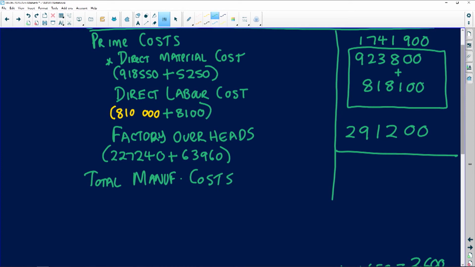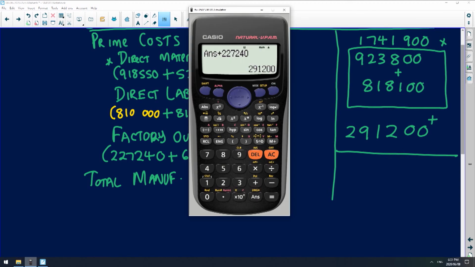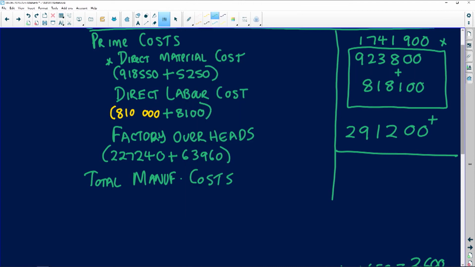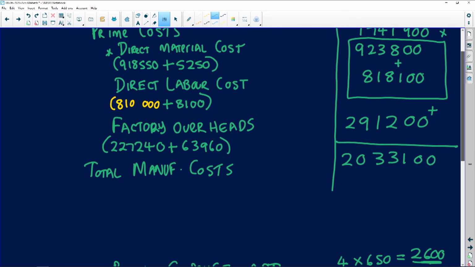Okay, and remember guys, it's simply prime cost. You are now adding your factory overhead. So in total, to manufacture, right, plus my prime cost, 1,741,900, and that's giving me an amount of 2,033,100. Okay, right, we're almost done.